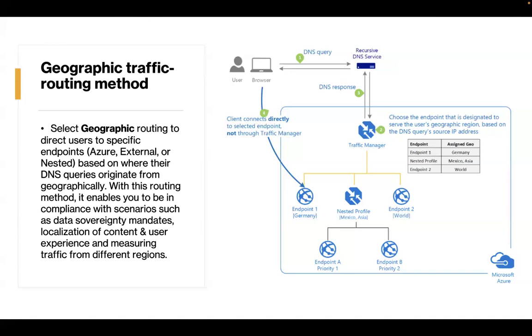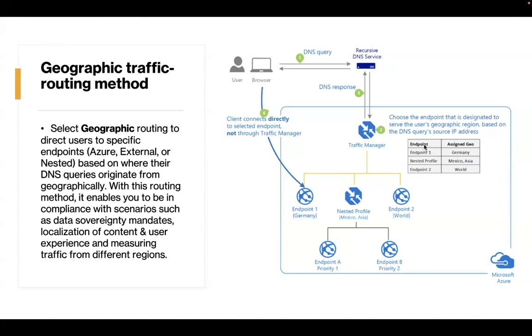I get to see all the products which are being delivered within India, and you may get to see some of the products which are nearest to your region. That kind of experience can be given through this routing method.